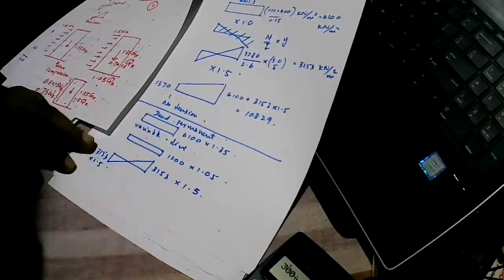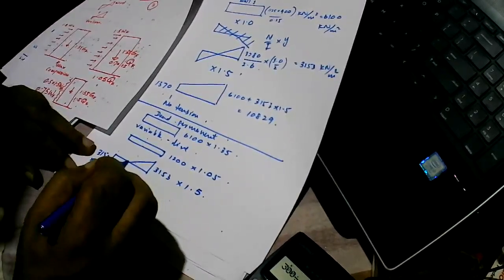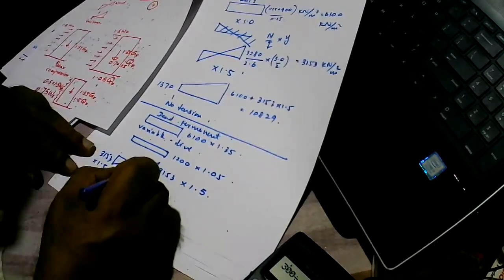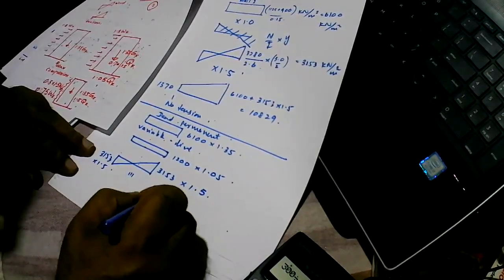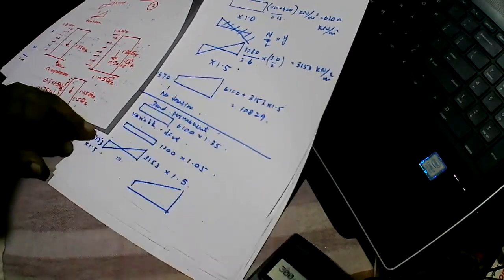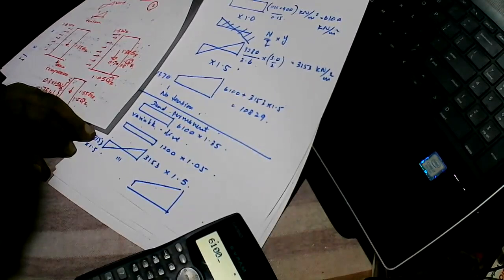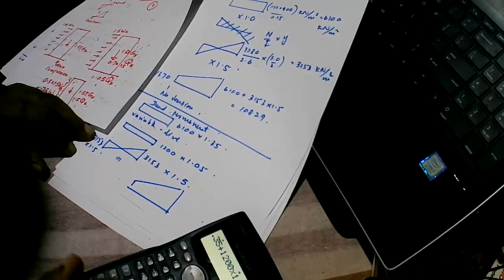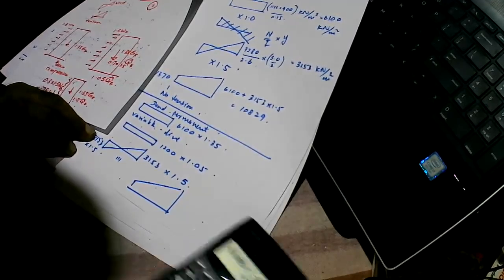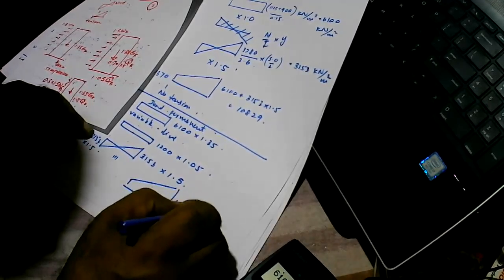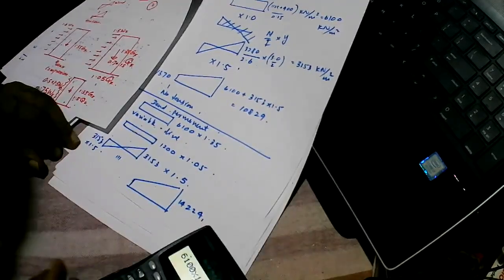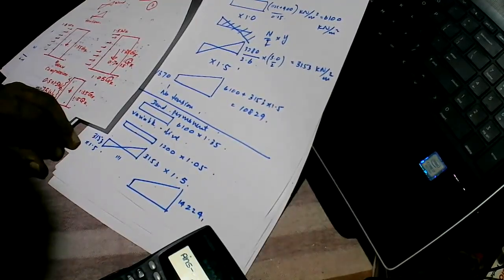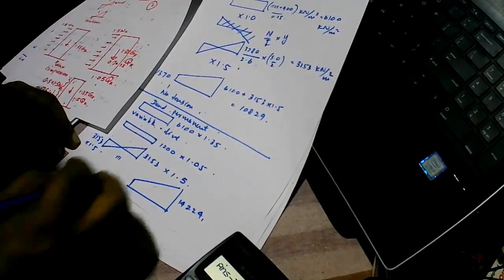So when you consider all this, again you will get something similar to the earlier case: 6100 multiplied by 1.35 plus 1200 multiplied by 1.05 plus 3153 multiplied by 1.5, which gives 14,224, and on this side you get minus 3153 multiplied by 1.5, giving 4765.